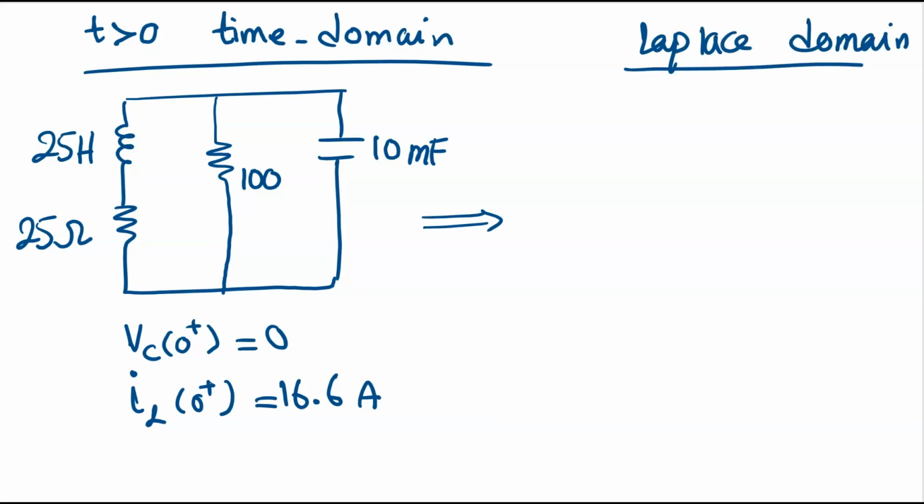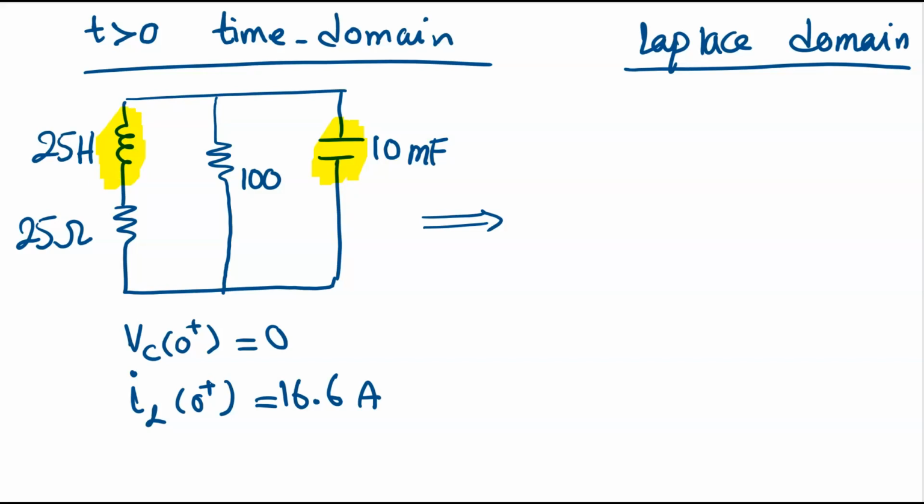In Laplace domain, I have to take care of my sources, inductors and capacitors. Those are what I need to describe correctly with their correct equivalent function and equivalent circuit in Laplace domain. Here I don't have any source, so I don't need to take care of that part, but I do have the capacitor here and the inductor here, so I need to use their equivalent circuits.